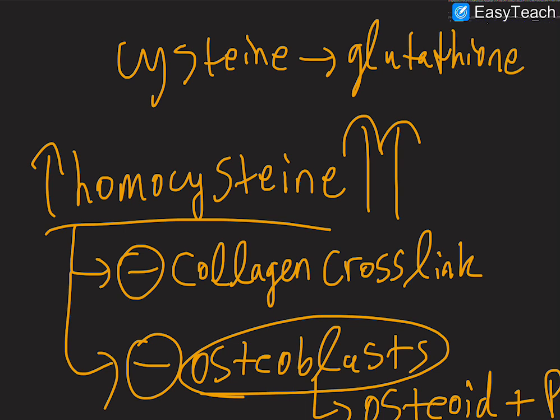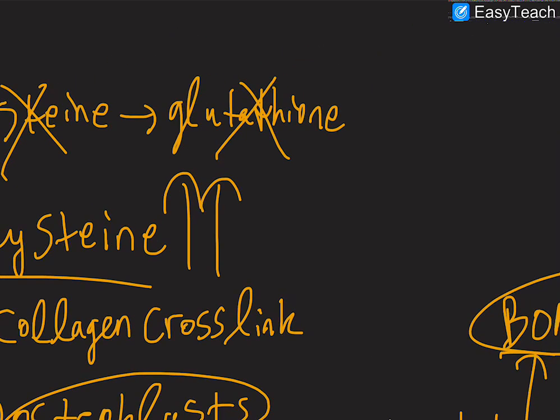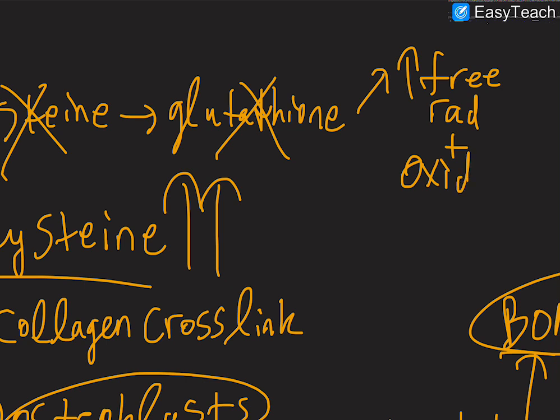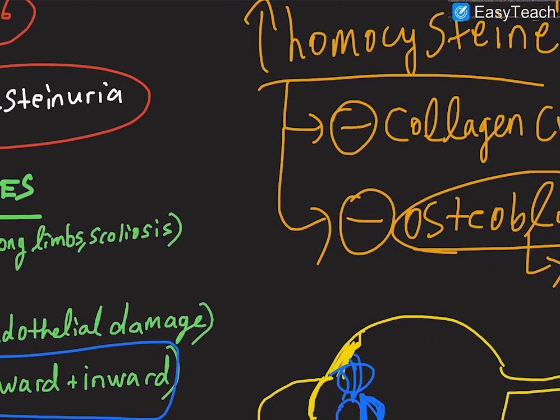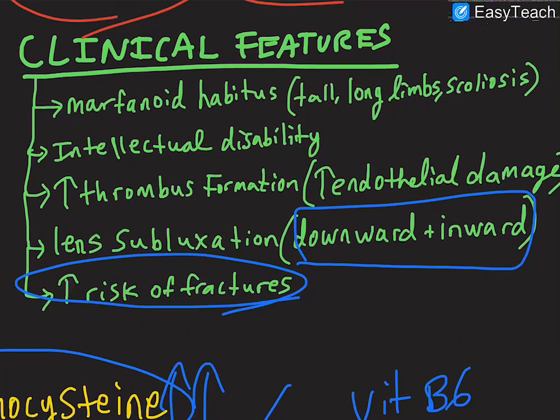But if you don't form cysteine in this disease, then you don't form enough glutathione, which means you have increased free radicals and increased oxidative damage. One of those places can be your bones, which means that can, of course, increase your risk of osteoporosis and fractures. Okay, so that's why you see that finding in homocystinuria.